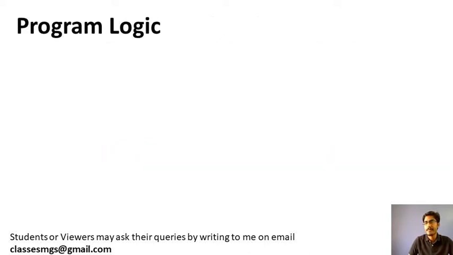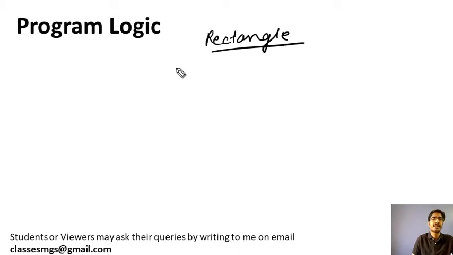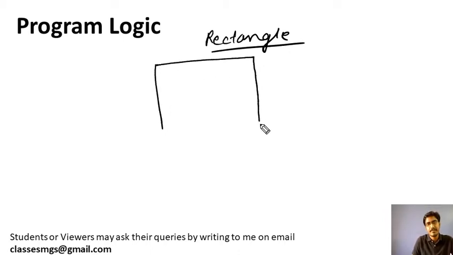First we will discuss the program logic as usual. So what is a rectangle? I hope you have heard it in your secondary class. A rectangle is like this. We have some length. Let's suppose this shape looks more like a square, so I am converting it like this.